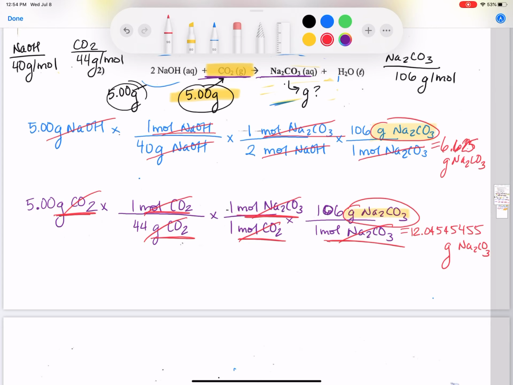So now I can finally answer all 3 questions that I was trying to, which is, who's my limiting reactant, who's my excess reactant, and how much product did I make?